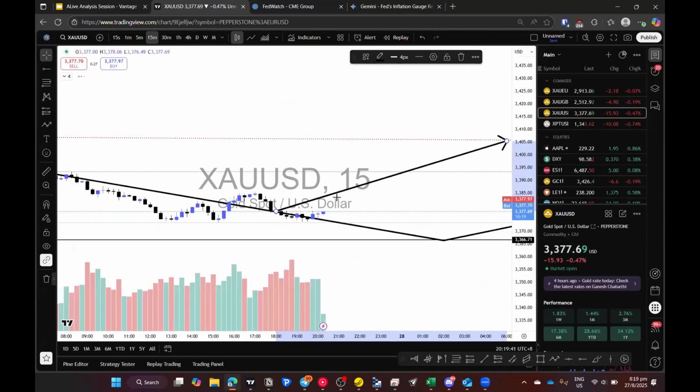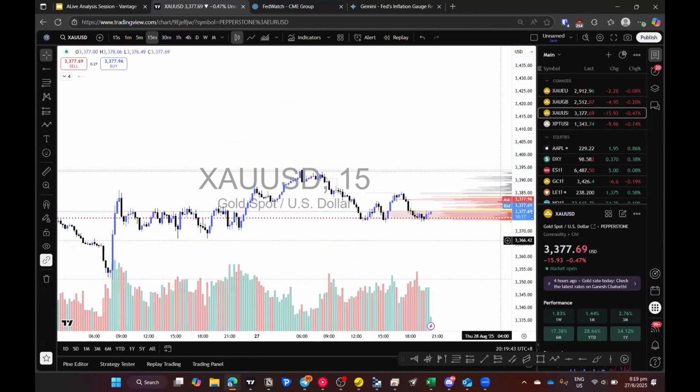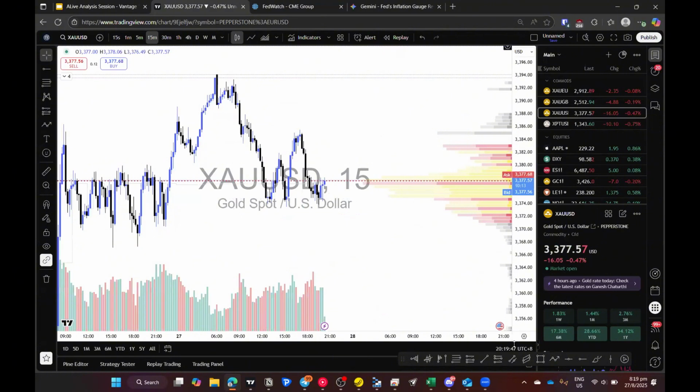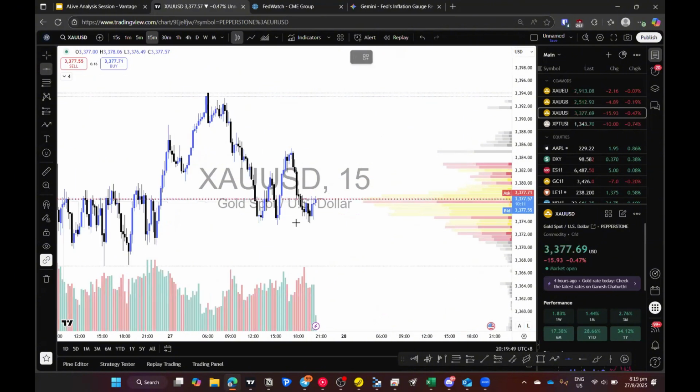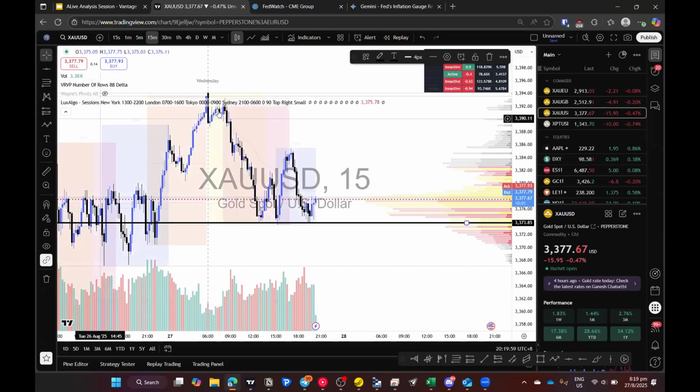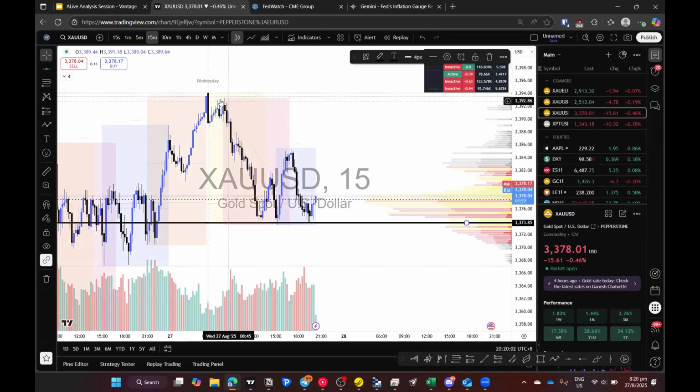So if you're bullish, we are going to be looking at this key area here. And if you're buying, out of the entire range that we saw today, and that includes the yellow. Yellow is the Sydney trading session.